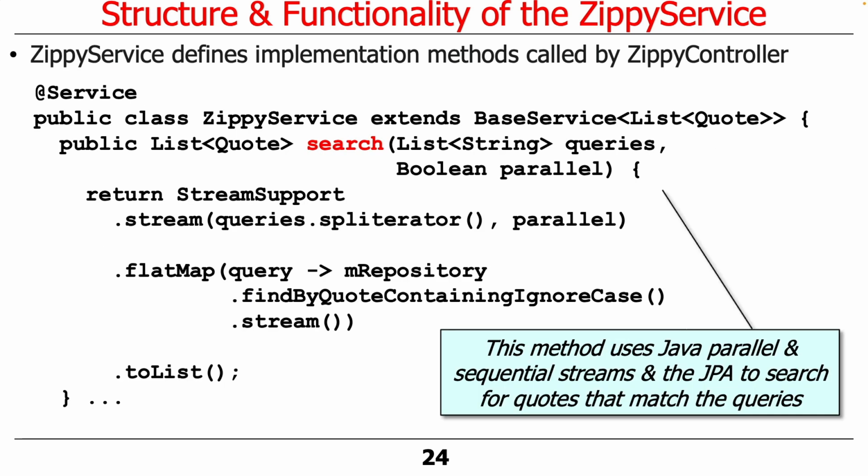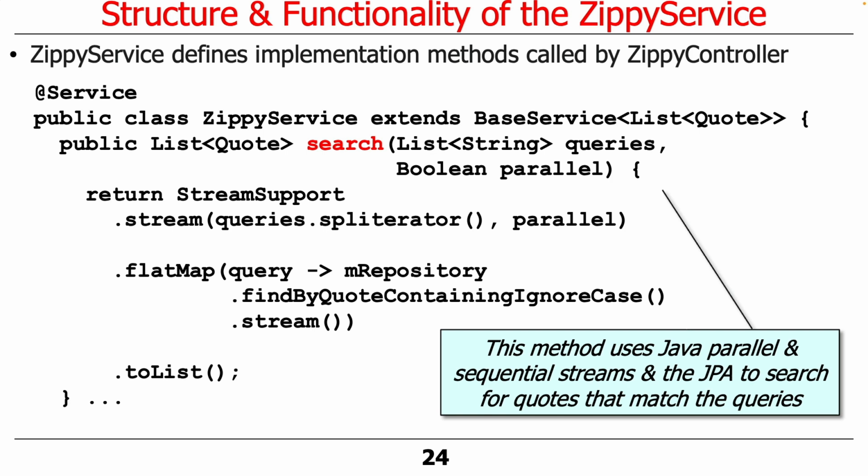So we pass in the quote IDs, and then that'll go ahead and find all the queries that match the quote IDs. And then finally, we have the search method, and this is going to take a list of string queries and a Boolean parameter, and it's going to use the JPA in order to be able to search to find everything that matches. Now, this is a very interesting method, and you can see a couple things.